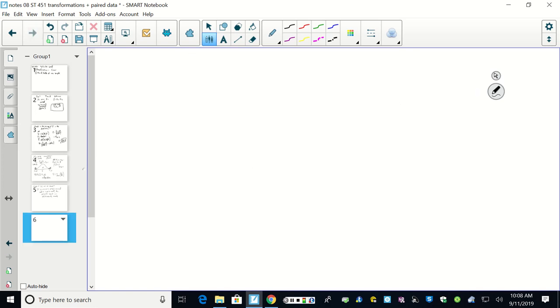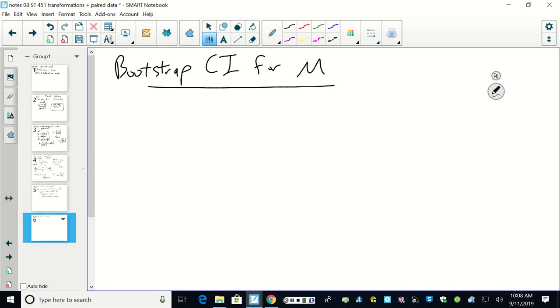So an alternative would be a bootstrap. A bootstrap confidence interval for the mean, and you might do something with bootstrap percentiles in particular.